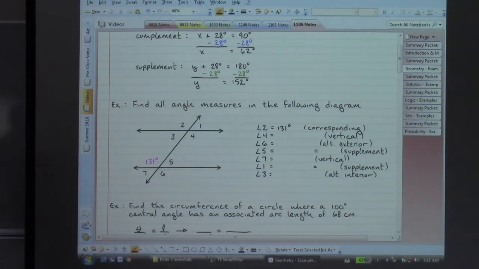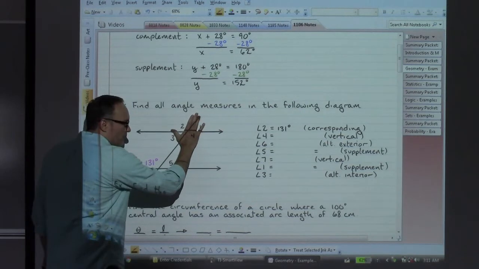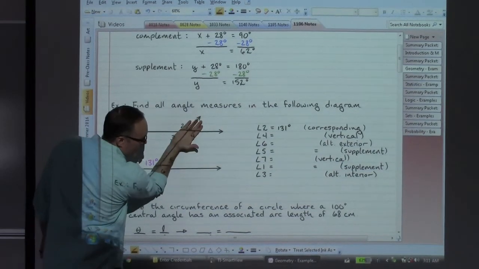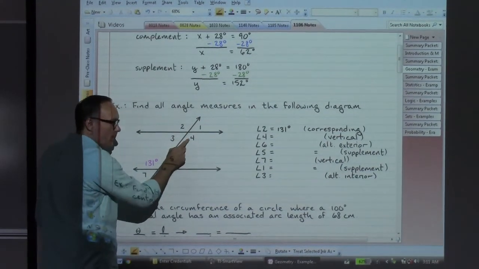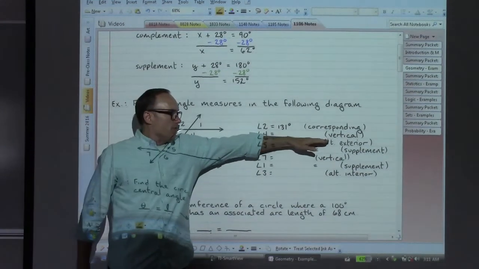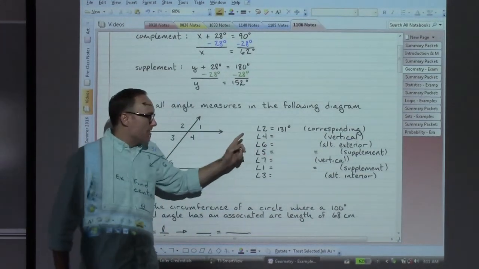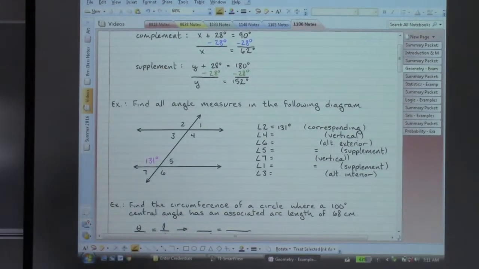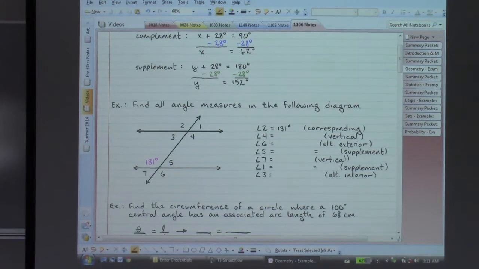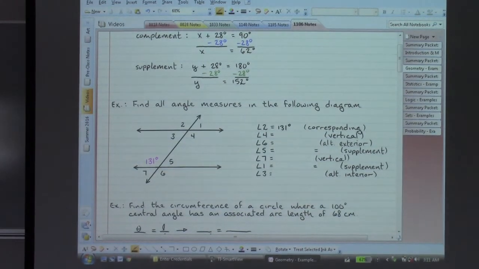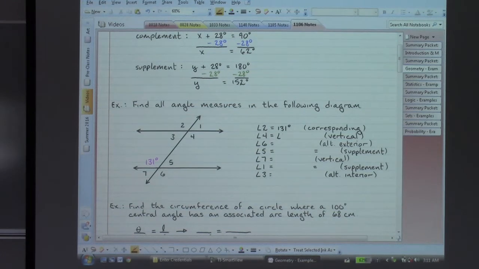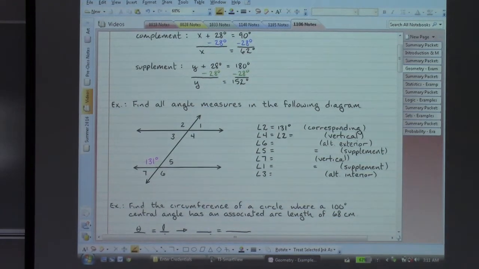Then we can take angle 2 and we can bounce it to angle 4. Those are vertical angles. Vertical angles are equal. So angle 4 is equal to angle 2 because of vertical angles. And we know that angle 2 is 131 degrees.